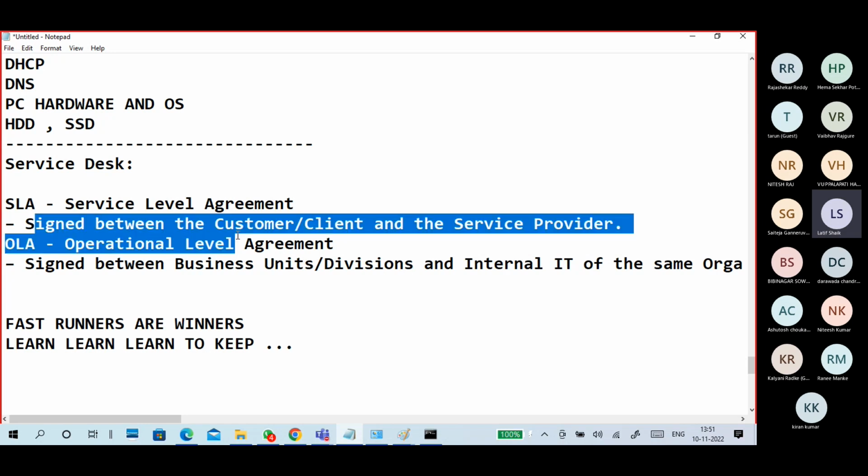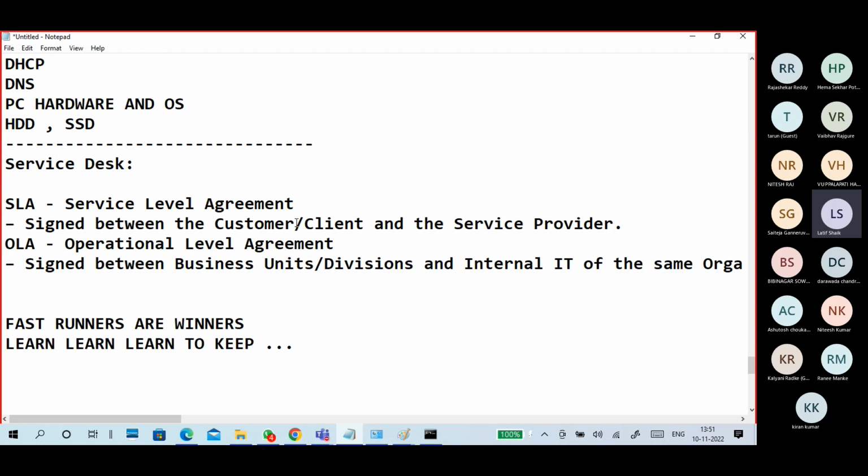SLA is organization to organization, or a customer to a service provider. I already told you, guys, customer or a client does not mean a person. He can be internal or external or public. It can be an organization, one person, or inside an organization also. That's it. SLA is between a user or a client or a customer, from a person to a service provider, or an organization to organization.